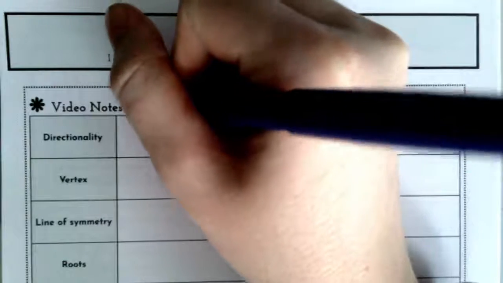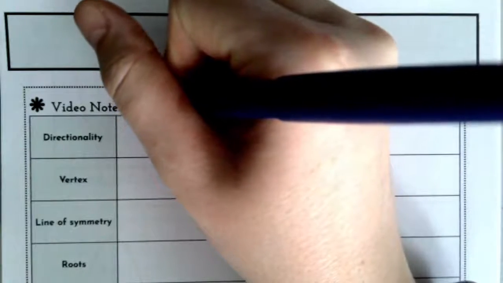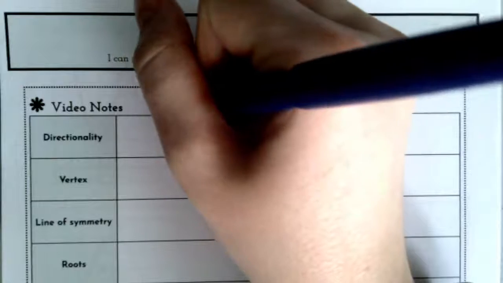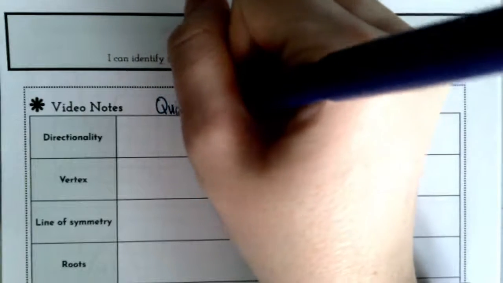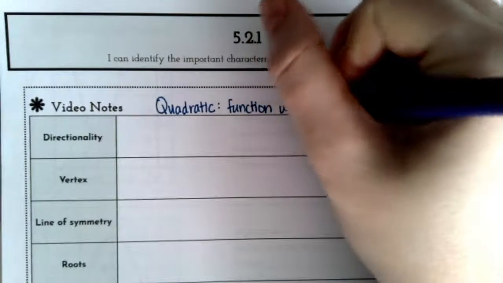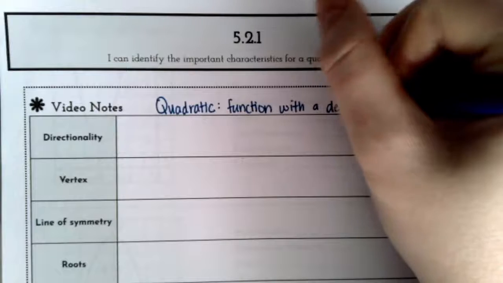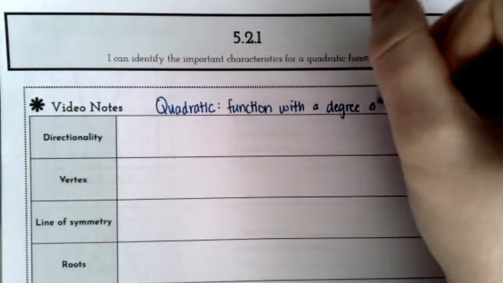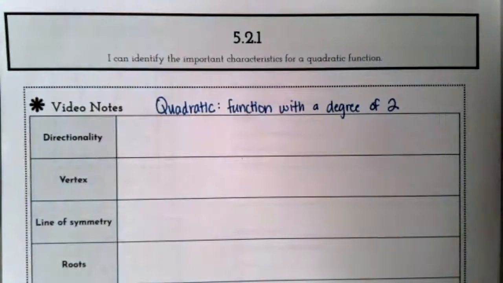And right up at the top, I want to start with what a quadratic is. So a quadratic is a function with a degree of 2.